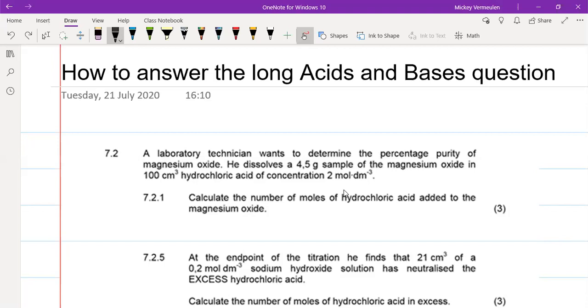Okay, so the question reads, a laboratory technician wants to determine the percentage purity of magnesium oxide. He dissolves a 4.5 gram sample of magnesium oxide, and he does so using 100 cubic centimeters of hydrochloric acid with a concentration of 2 moles per cubic decimeter.